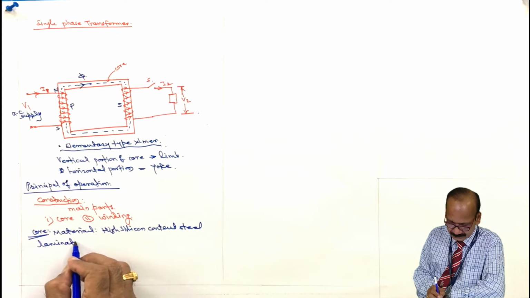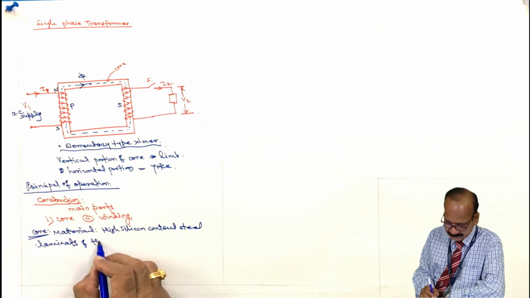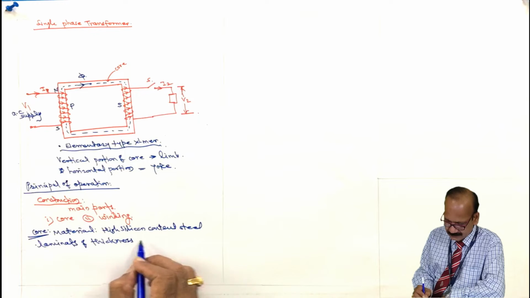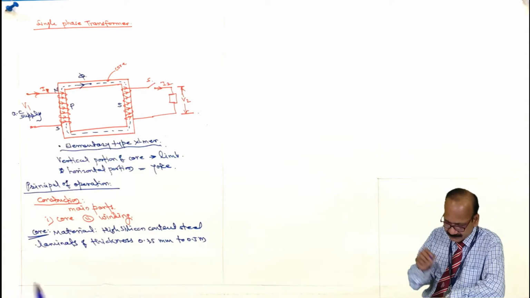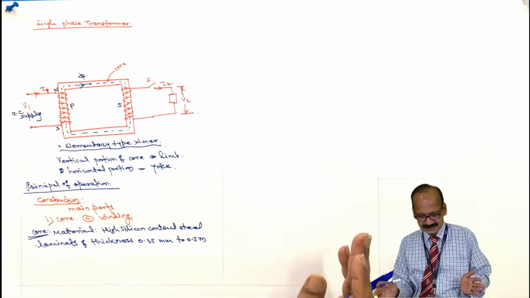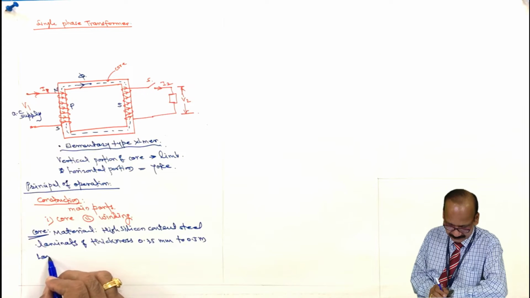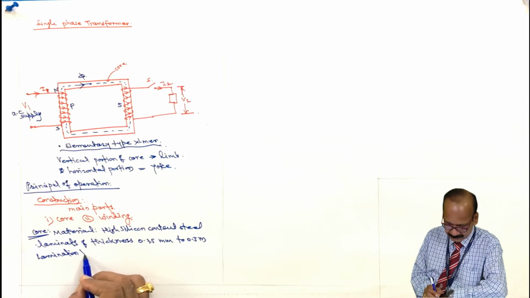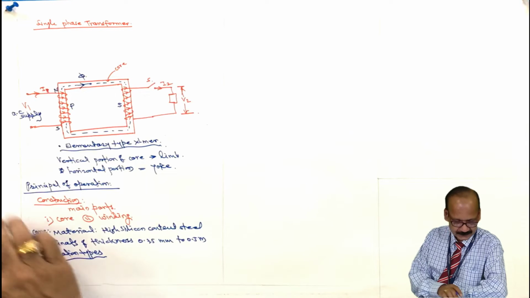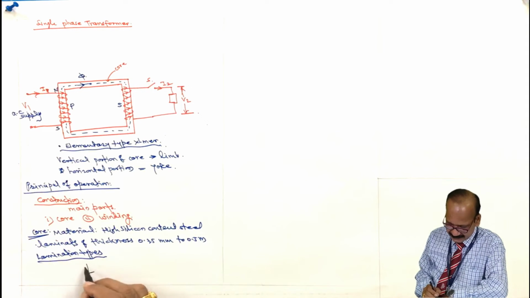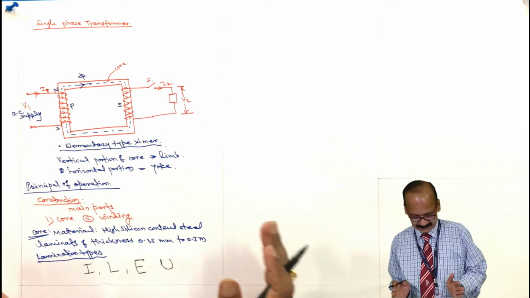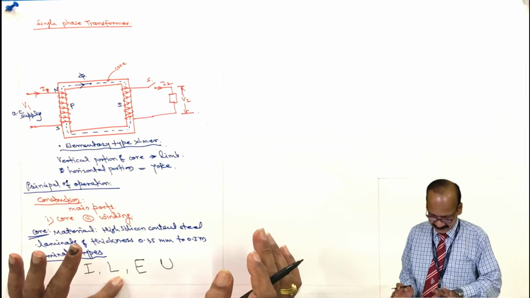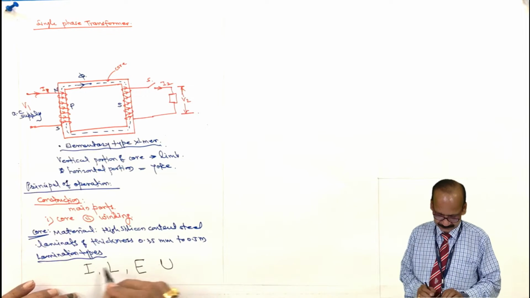Laminations of thickness 0.35 mm to 0.5 mm are used. Now these laminations are of I section, L section, E section, U section.